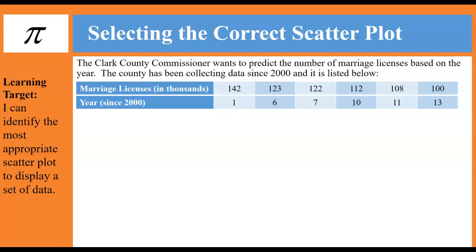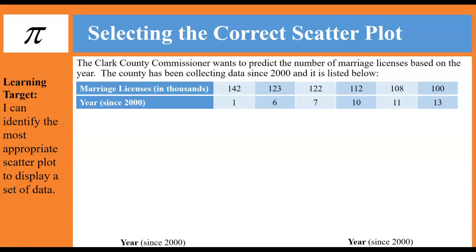Nine times out of ten, out in the real world, yes, they put your x-axis in the top line, or over on the left, and they put your y-axis on the bottom one, which is the one on the right. But just because they're trying to teach me this lesson, I'm not going to make that assumption. And what I need to realize is that if I want to predict the number of licenses based on the year, then the year is going to be my x-axis.